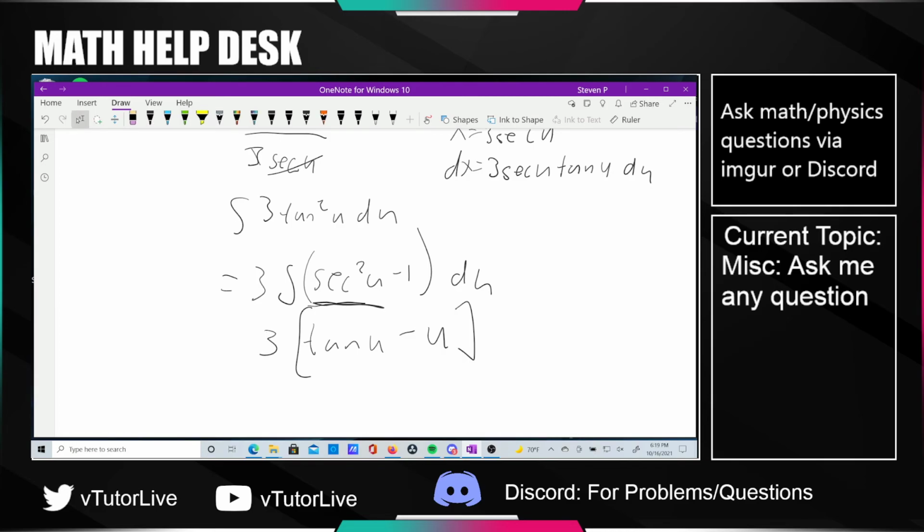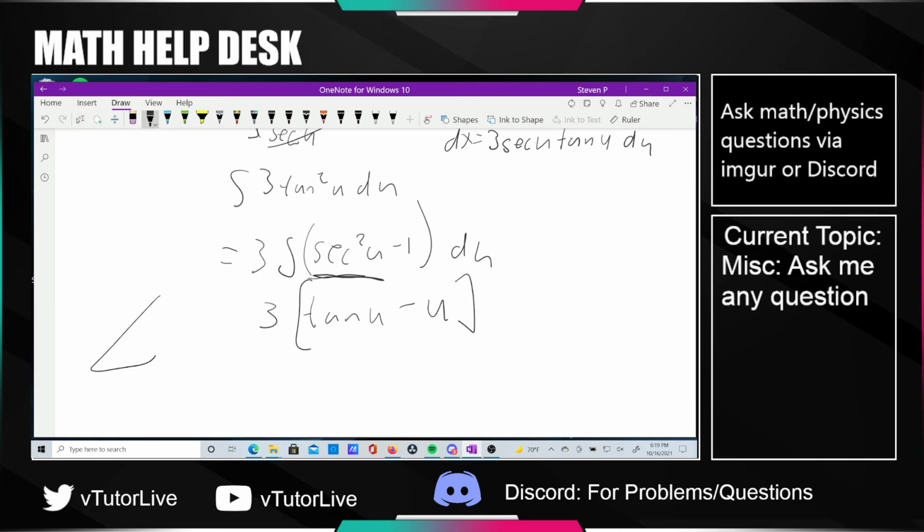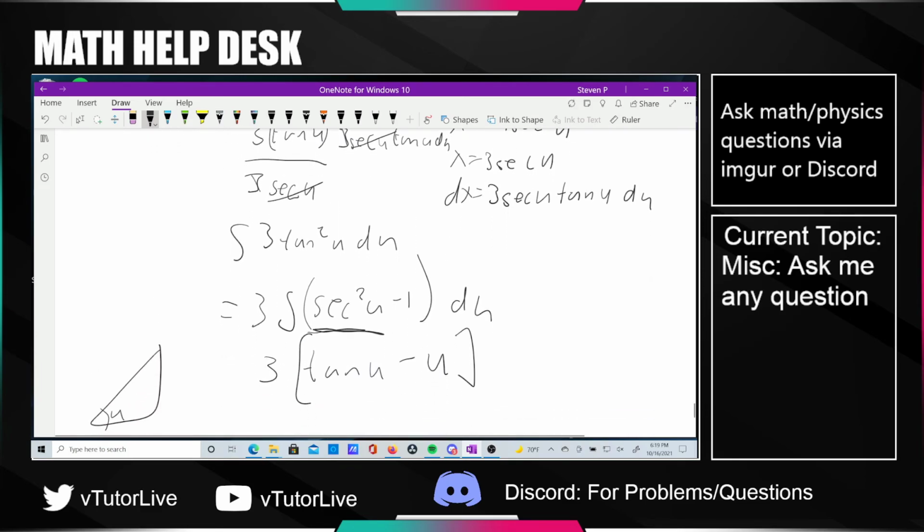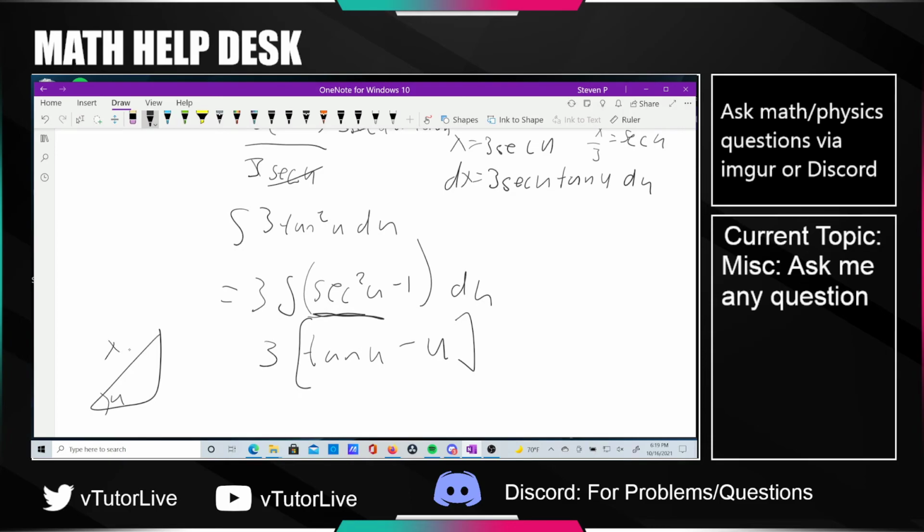Again, look at the triangles if you need to. If this is u, let's look at the definition of u. x over 3 is equal to the secant of u. So that's basically saying this side is x and this side is 3, so this is the square root of x squared minus 9.